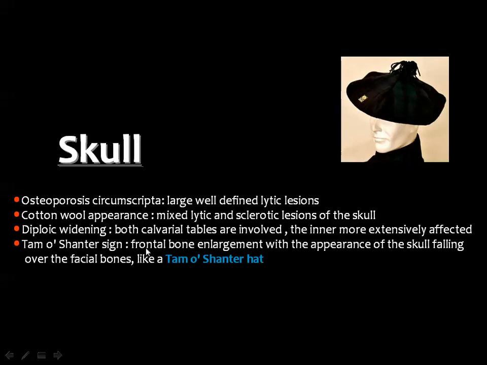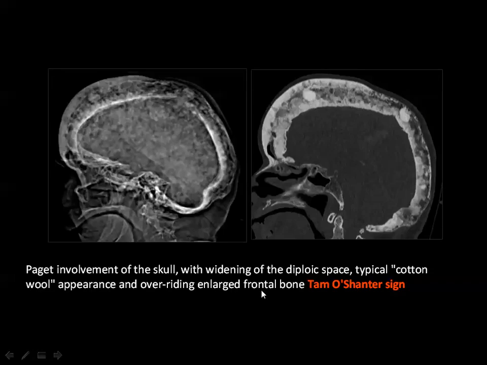Then the deformities of the skull base may give the appearance of a well-known hat, which is known as the Mohammedan hat. This is what we call the Shantar sign, where the skull is enlarged and the frontal bone will protrude anteriorly like a hat. But you do not need the sign to diagnose Paget disease.